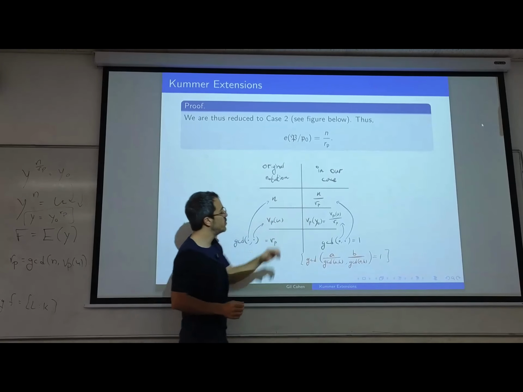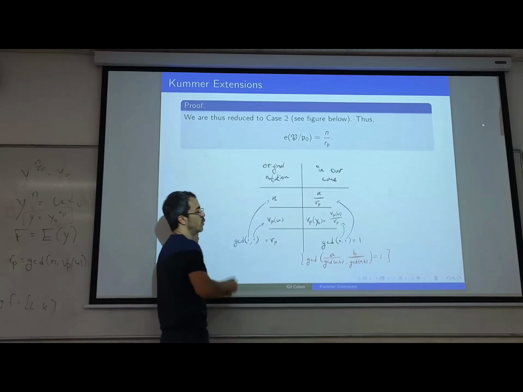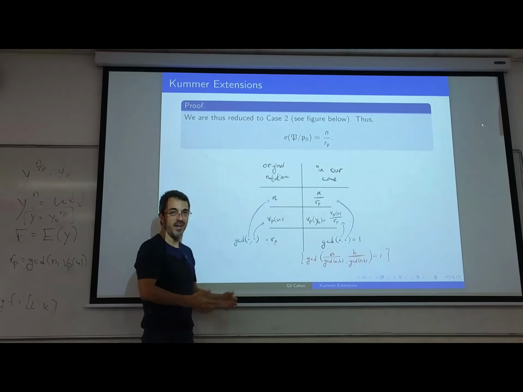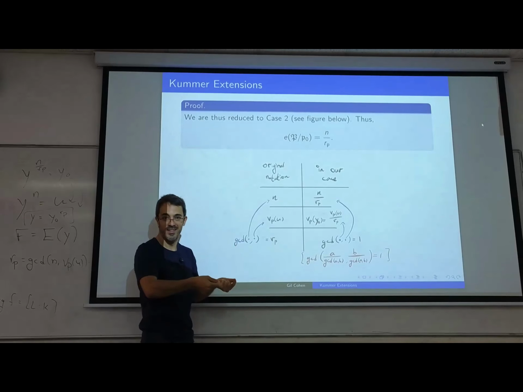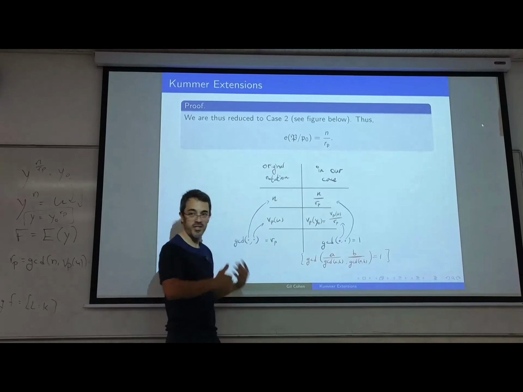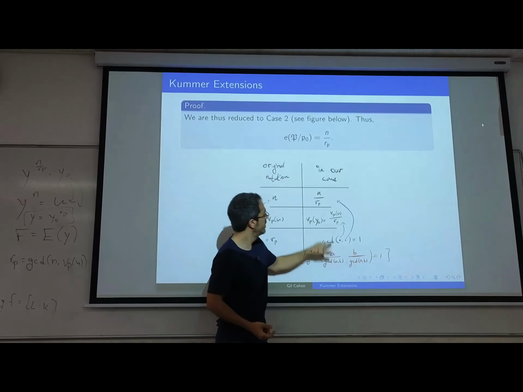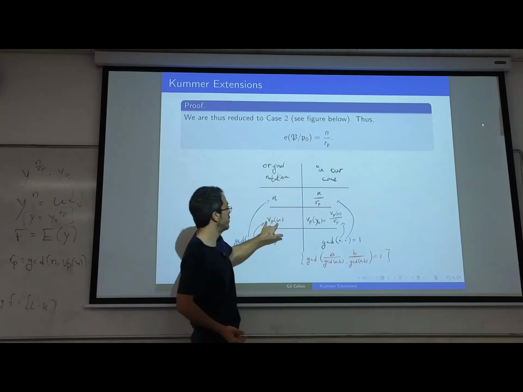But the GCD of these two is rp. And you divide both of them by rp to get these two numbers. And then you ask for the GCD. So it's 1. Right? If you have two numbers, a and b, this is a is n and b.